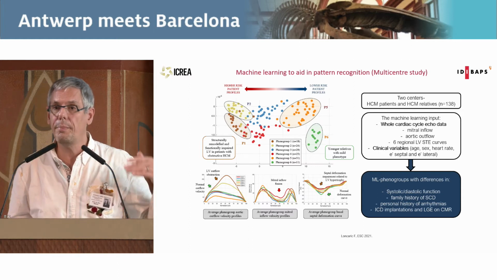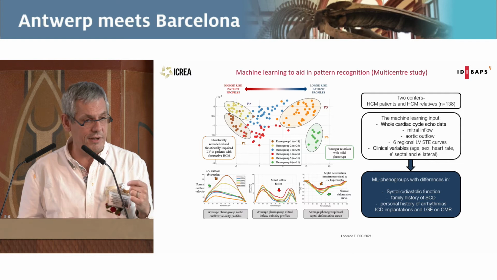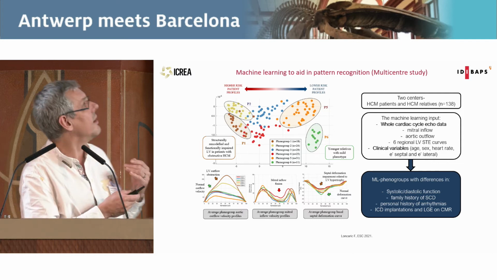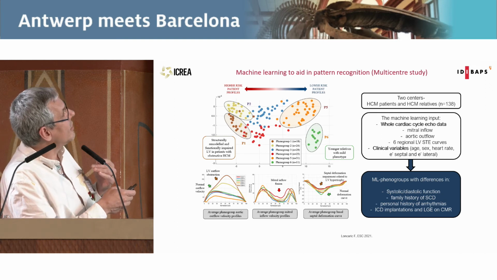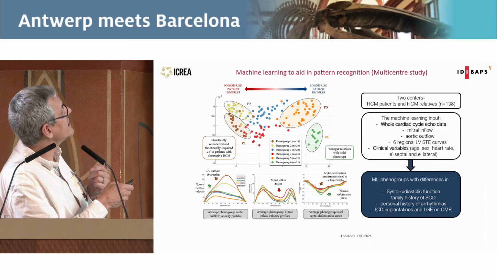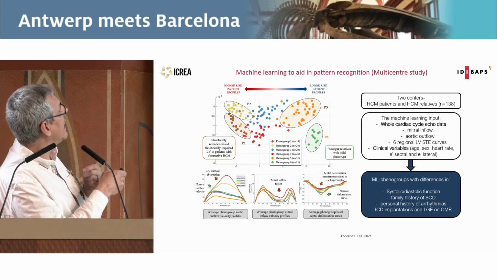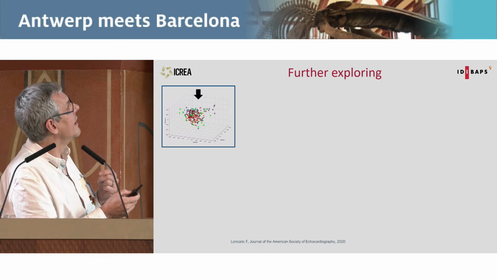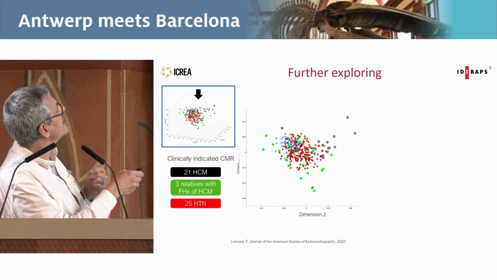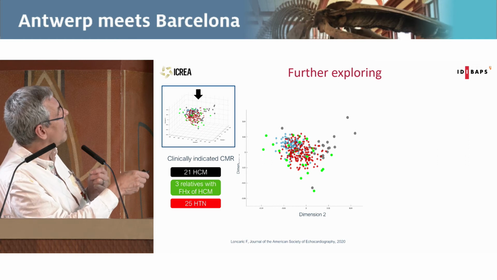Now, here is another study. It's like a follow-up in some ways, looking at this in hypertensive cardiomyopathy. This is a study that we're also going to continue together here with the Antwerp team. What we looked at here is, again, hypertrophic cardiomyopathies and the different risks, and we try to associate this with risk. For example, an interesting thing here is that many of the hypertrophic cardiomyopathies are located here, a whole bunch of them.